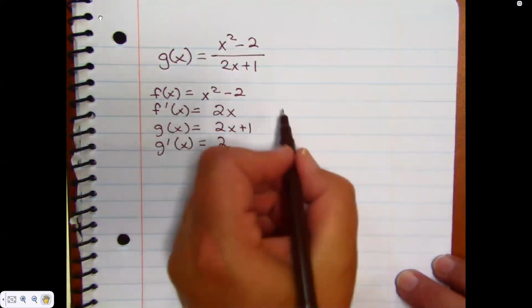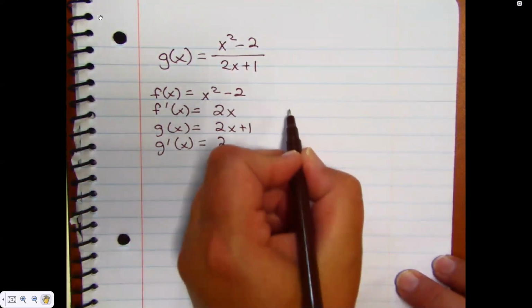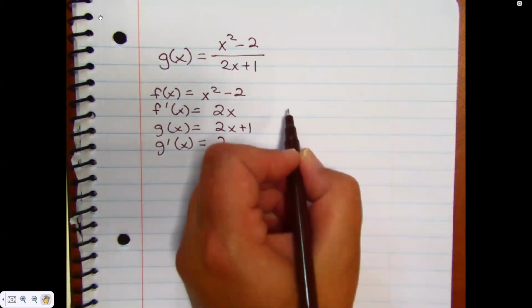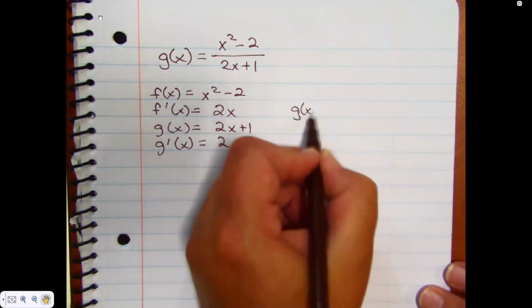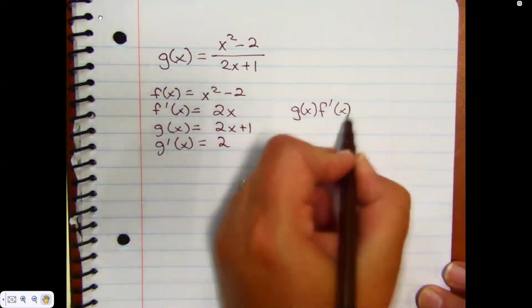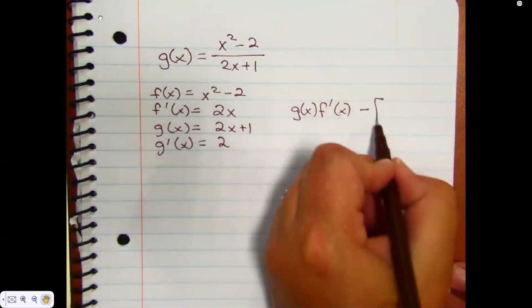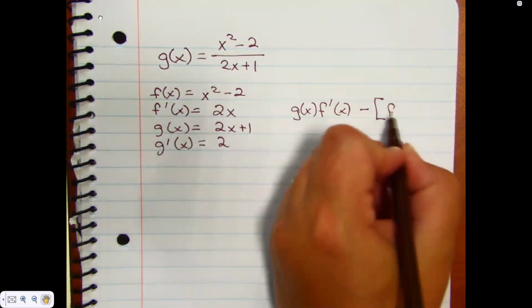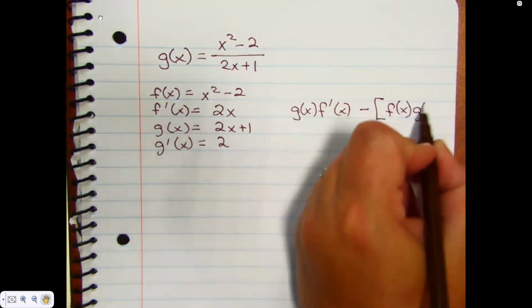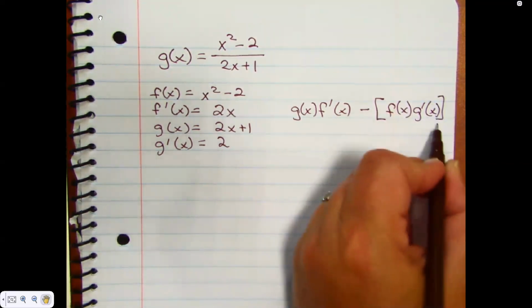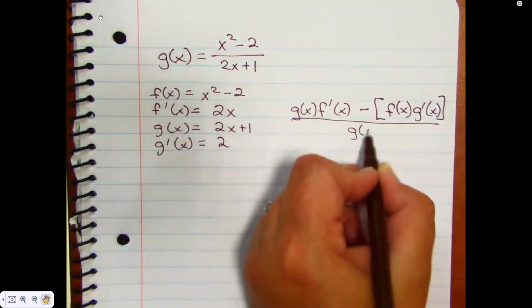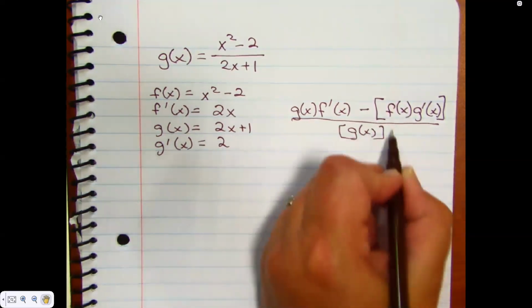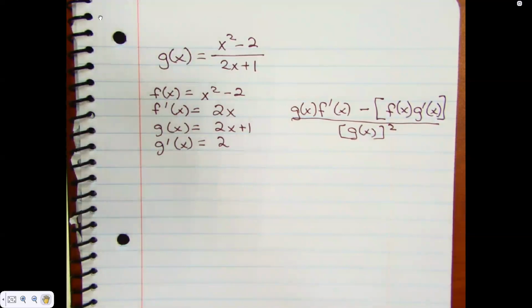Okay, and then we just have to remember the pattern. Starts with g's. Remember, g's are our corners on our triangle. So g, derivative of f, minus, let's put in the parentheses and actually use them this time. F, derivative of g, and then all over g squared. And did we see on that last problem, we kind of just did that bottom and we just kind of left it.